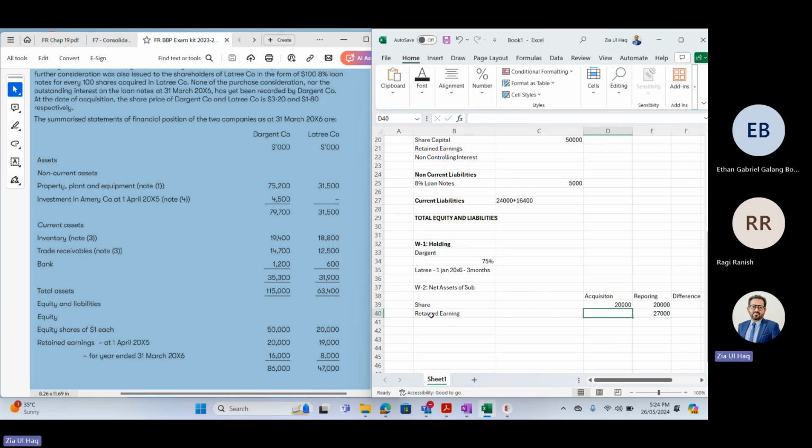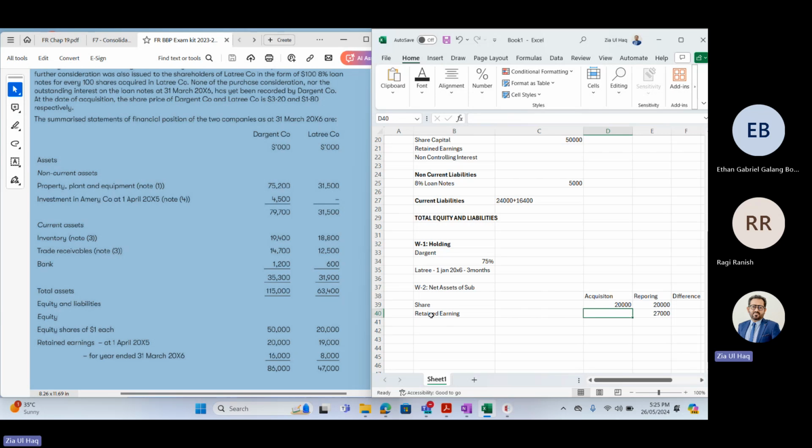Can we find retained earning at the acquisition date? If this profit during the year is 8,000 for the complete year, this normally profit is written for the complete year. How much we need to add here? 3 months.